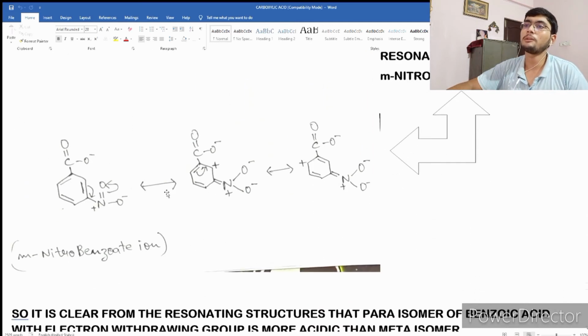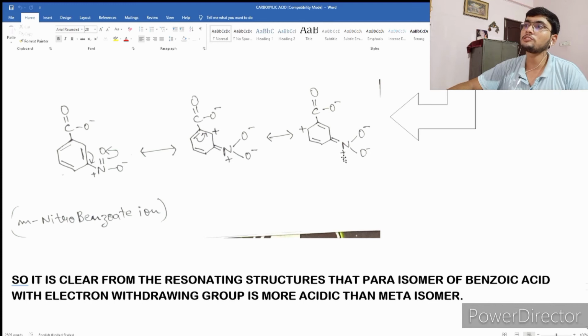But if we talk about the meta isomer, you see there is no such structure in which the positive charge is on this carbon atom. There is no such structure. So this means that there is no minus R effect when the nitro group is attached to the meta position. There is no such minus R effect that will stabilize the conjugate base.